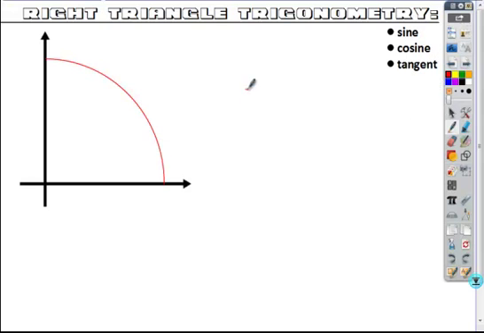Sine, cosine, and tangent. You guys should all be familiar with the saying. The acronym SOHCAHTOA is the one that helps you identify what these ratios are.